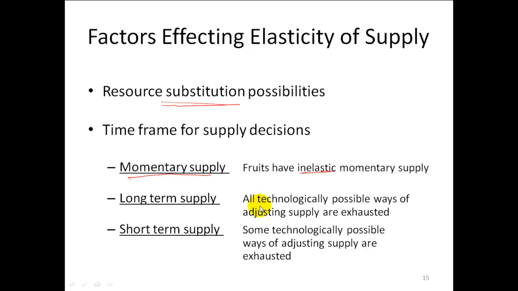Short term is somewhere in between. In the short term you can increase the supply of oranges by using more fertilizer and improving the yield of the existing orange orchards, and that will imply that in the short term your elasticity is a little more relative to the very, very short term or momentary supply, but elasticity in the short term would still be less than elasticity in the long term.